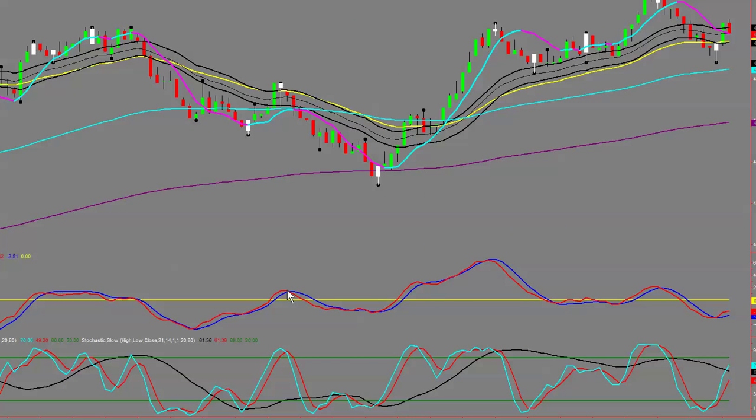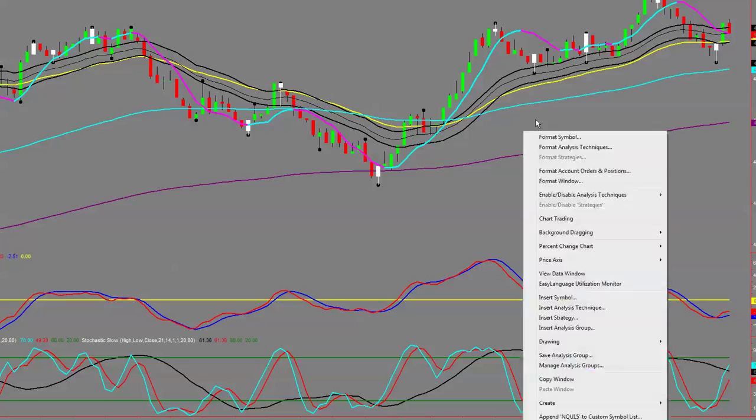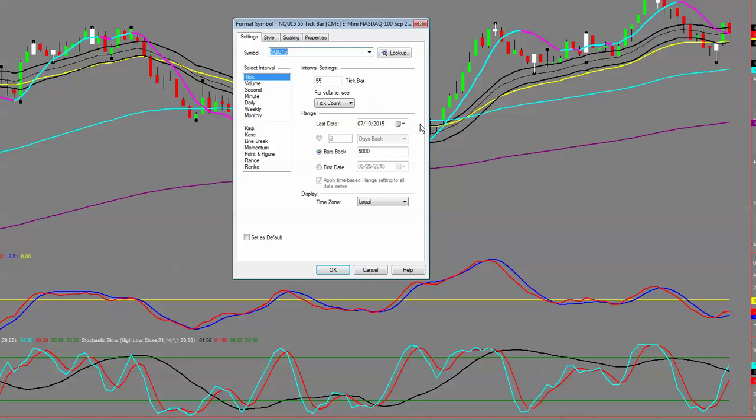Now I trade during market hours. I trade the 133 tick. This is in TradeStation, my charting package, and this is virtually every trading package.